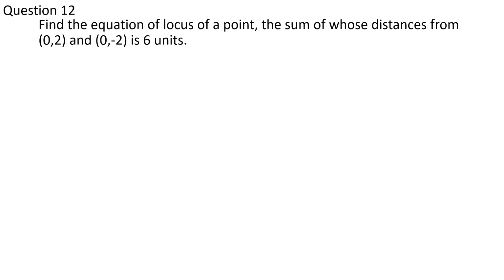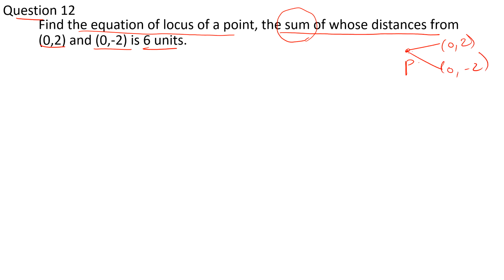Number 12. Find the equation of the locus of a point the sum of whose distances from (0, 2) and (0, minus 2) is 6 units. For example, this is the locus of point P, and assume this as A (0, 2), and this one is B (0, minus 2). So the sum of distances from (0, 2) and (0, minus 2) is 6 units, which means PA and PB.